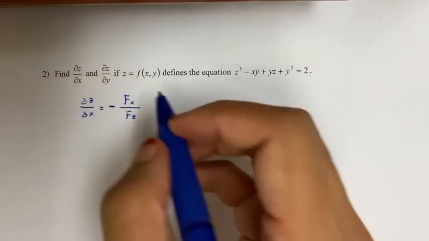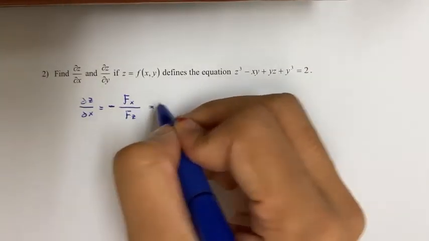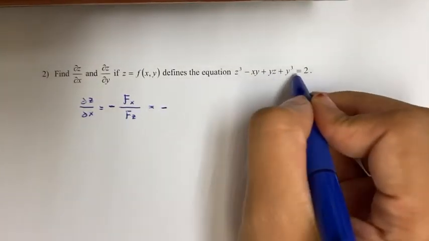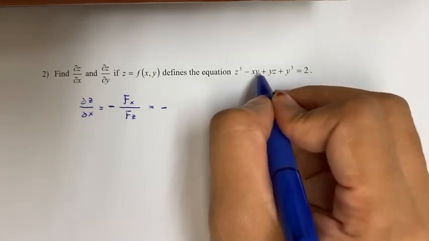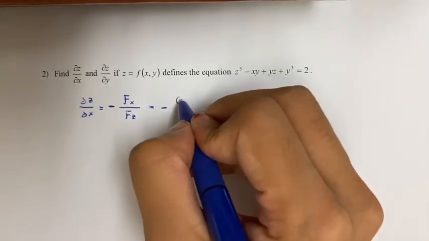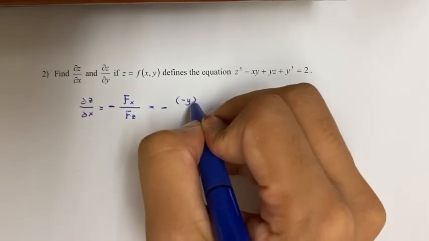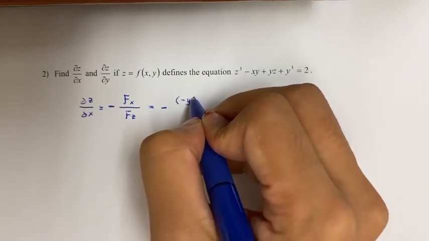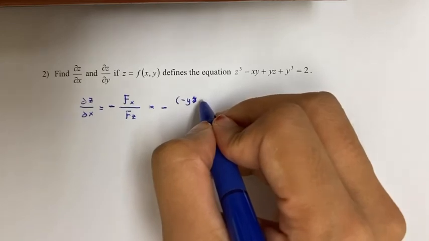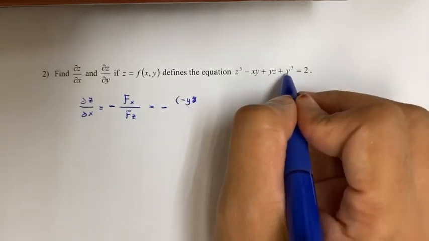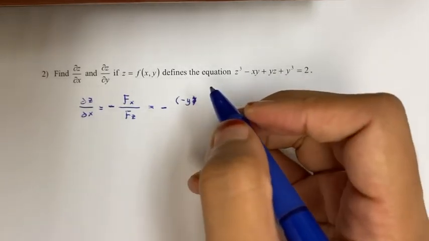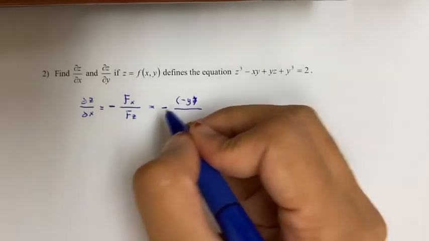Okay, so for this one, this is equal to minus fx, from here is 0 minus y. Okay, sorry, minus y plus 0 plus 0. So this is minus y. Okay, divided by fz.